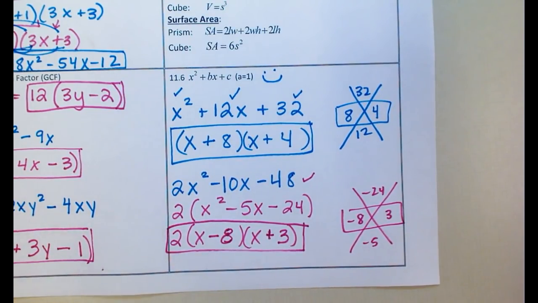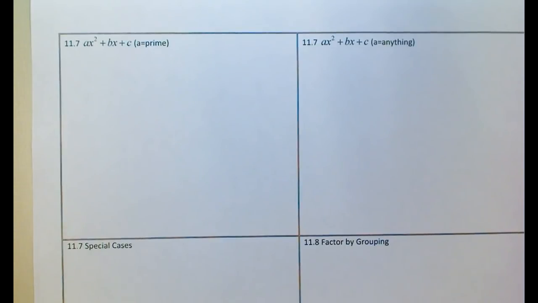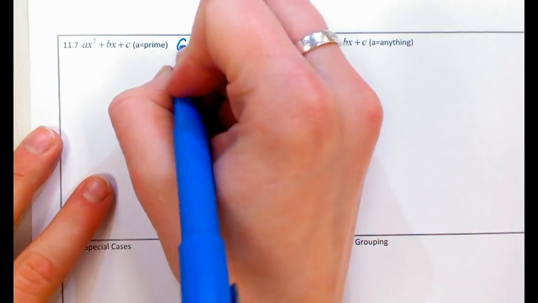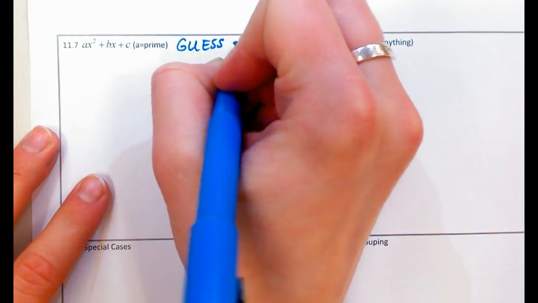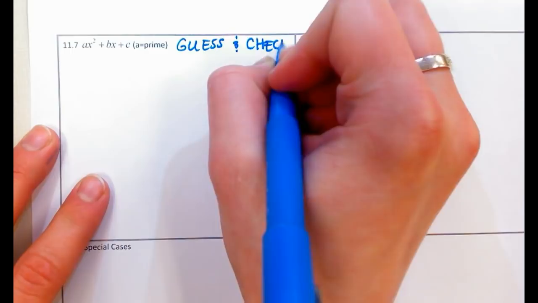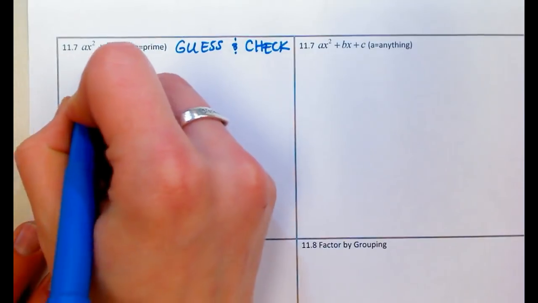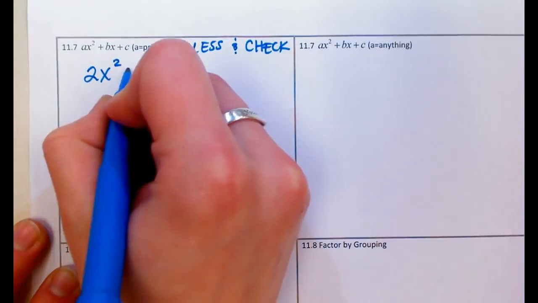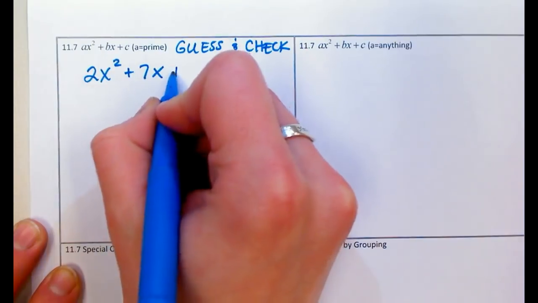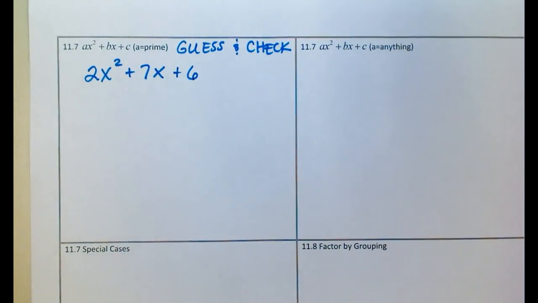Flip it over to the back side. 11.7 is when we started to have a term out in front instead of 1. So the first section we did was when a was prime, and this is when we used our guess and check method. So for our first one here, 2x squared plus 7x plus 6, we listed off our possibilities.